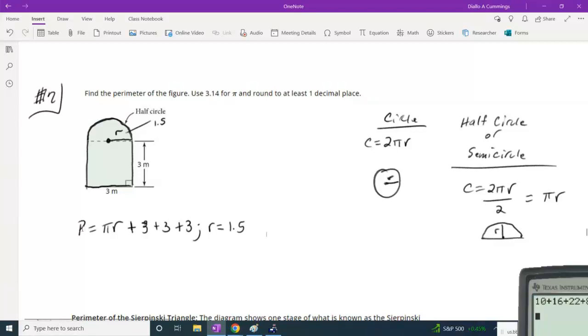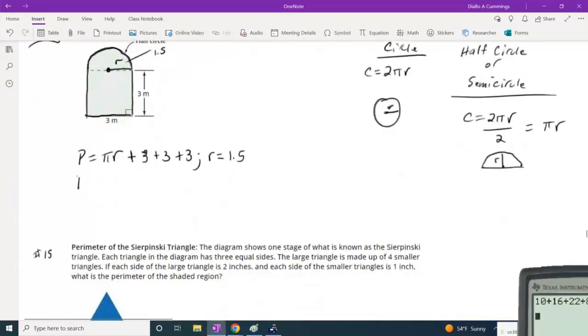So I'm going to take this formula for the perimeter. I'm going to substitute in 1.5 for r, and I'm going to simplify. So this is going to give me 1.5 times pi, which I'm using as 3.14, plus 3 plus 3 plus 3. Right, those are the lengths of the other sides.